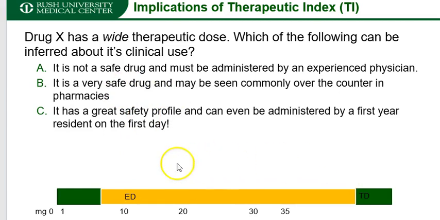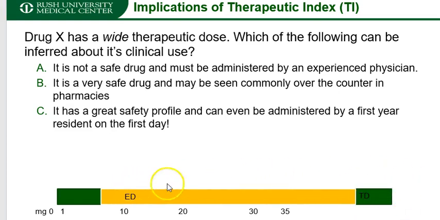And this is what the therapeutic index looks like for something over the counter, say ibuprofen, Tylenol, over the counter cough syrup. Okay, and so basically you can give as little as 5 milligrams or as much as 40 or 45 milligrams and still experience therapy and not experience toxicity.